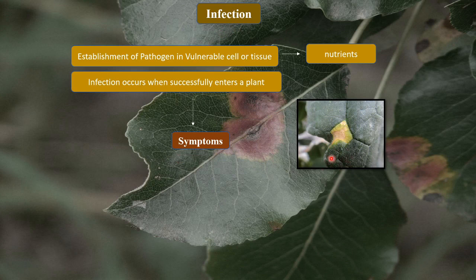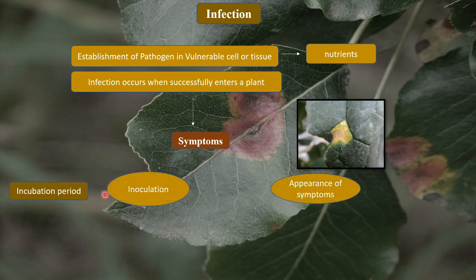So whenever you see a plant with symptoms, you can say that the host plant is infected by a pathogen, and the pathogen has reached the stage of infection, because of which you can now see symptoms, right? Now there are two terms that you need to understand. One is incubation period. Incubation period is the time interval between inoculation and appearance of symptoms.